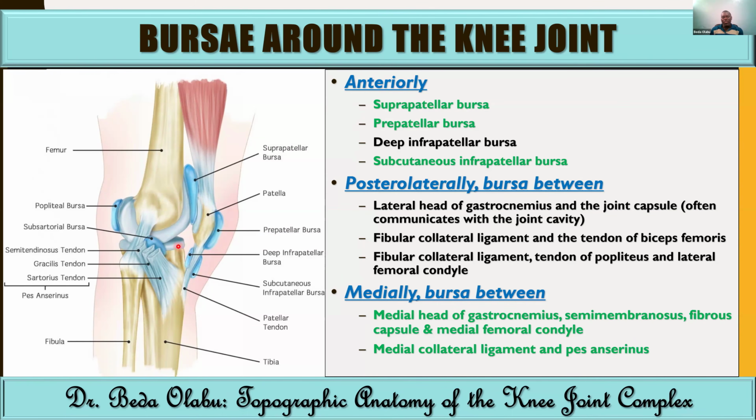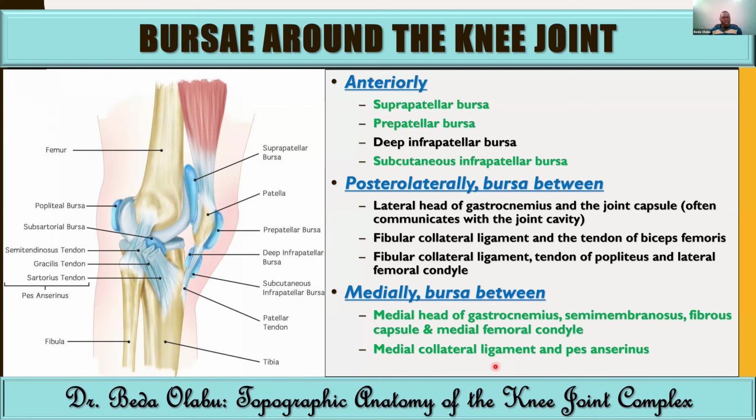And so when the synovial membrane of the knee is inflamed, sometimes it can pop out through that bursa and cause us to have a swelling in the popliteal fossa, what we call Baker cyst. So Baker cyst is a swelling of the popliteal fossa as a result of inflammation of the synovial membrane of the knee that pops through the bursa related to the medial head of gastrocnemius and semimembranosus bursa.